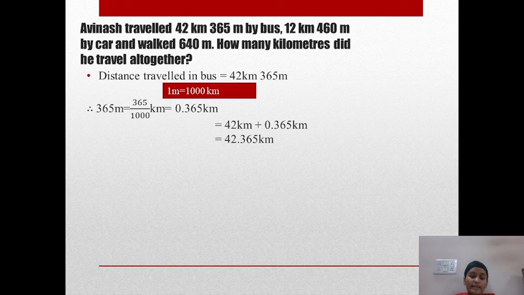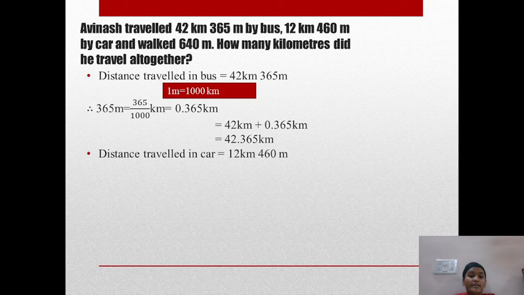Now how will you find the distance traveled in the car? What is the distance traveled in the car, students? Yes, 12 kilometers, 460 meters. So you will add both of the things. Now here again you have to convert it into kilometers. 460 meters will be converted into kilometers. You will divide it or multiply it, students? Divide it. Very good.